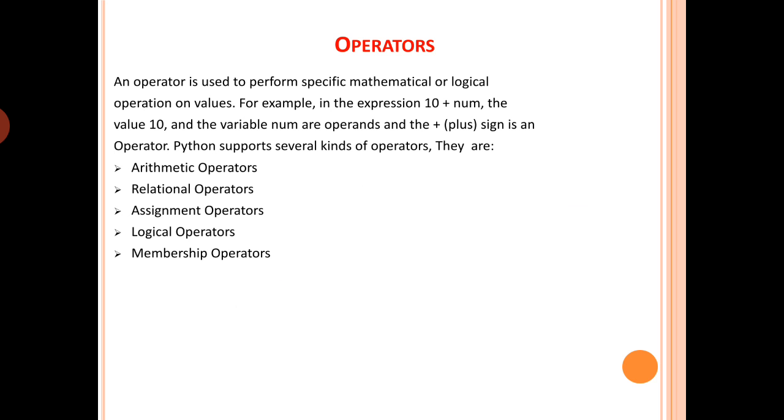Now our next topic is operators. An operator is used to perform specific mathematical or logical operations on values. The values that the operator works on are called operands. For example, in the expression 10 plus num, the value 10 and the variable num are operands and the plus sign is an operator.